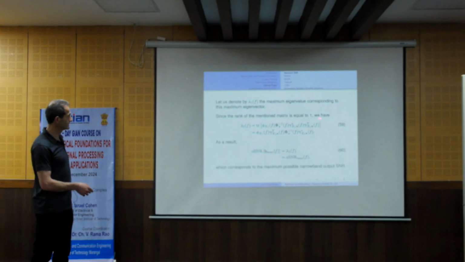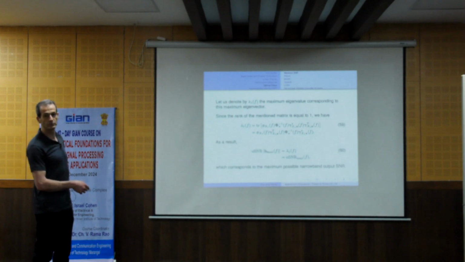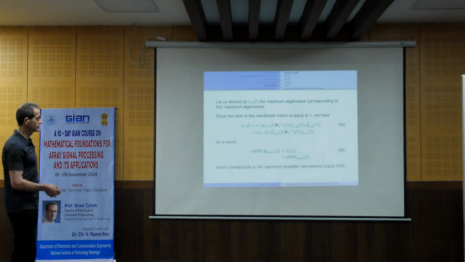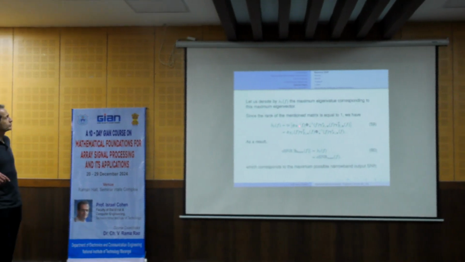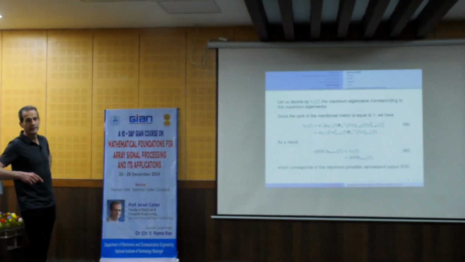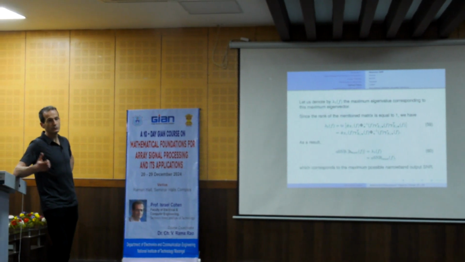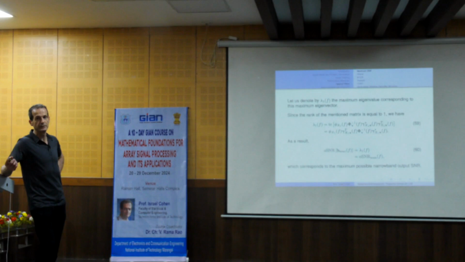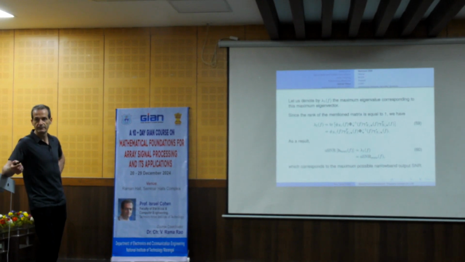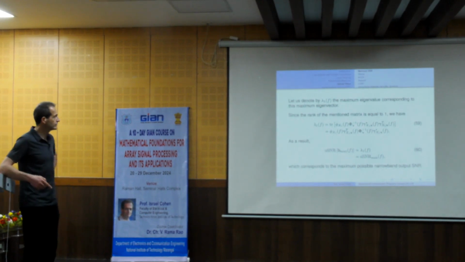So the trace of this matrix is the eigenvalue, the only eigenvalue that we have, which is the largest because we have only one eigenvalue. So how do we compute this trace? If you take two matrices, A and B, the trace of AB is the same as the trace of BA. We can change the order.